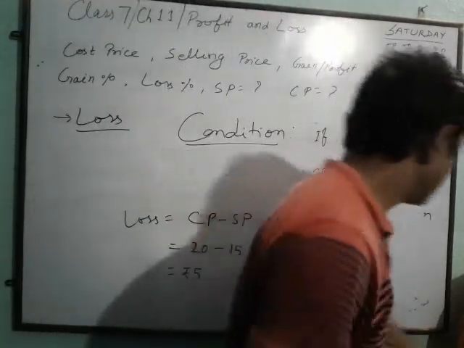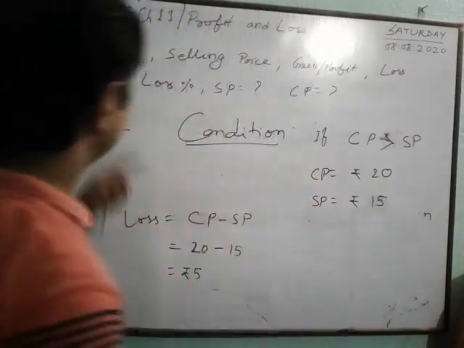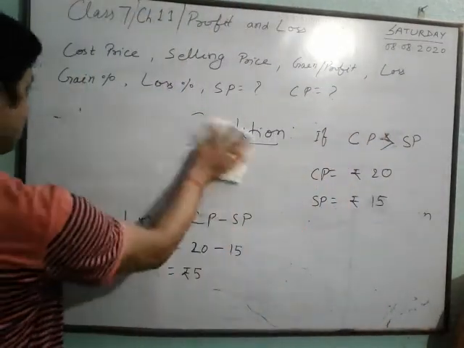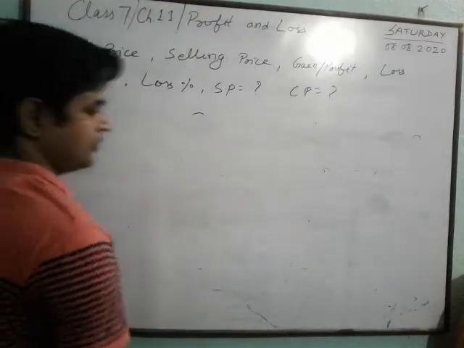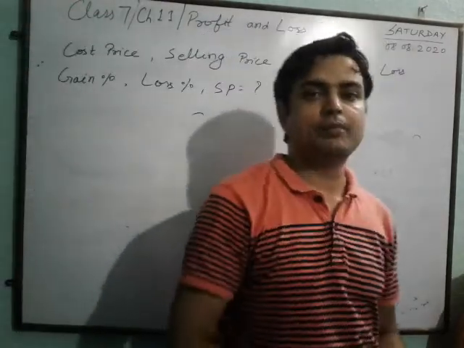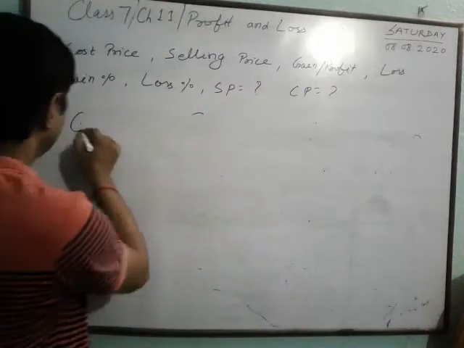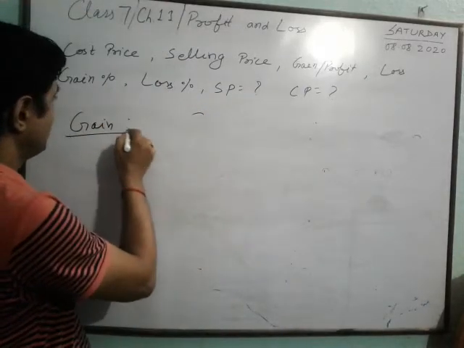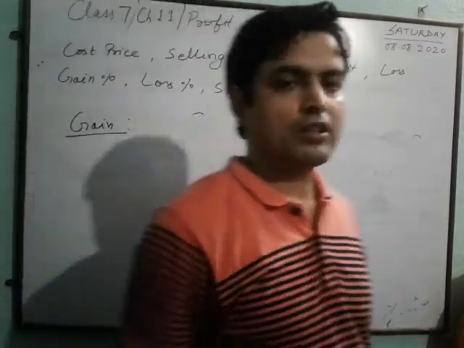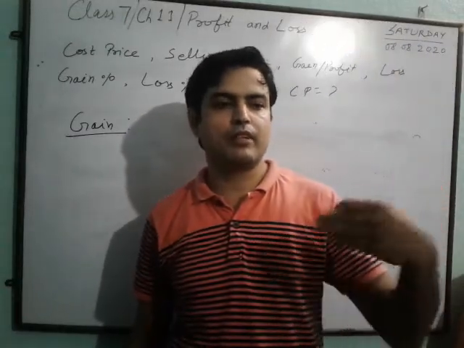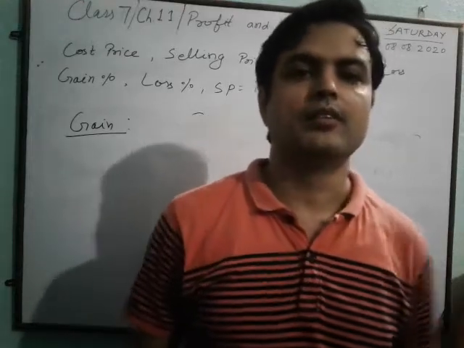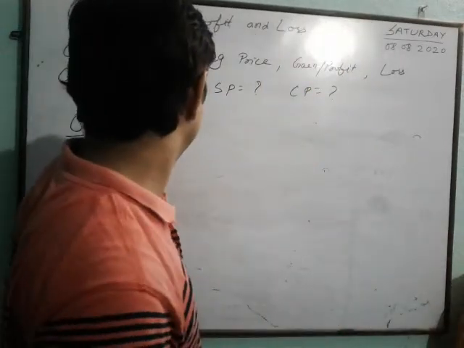And the next is gain percent and loss percent. There is difference between gain and gain percent. Gain indicates overall income, whatever the income we earn over the invested money, that is gain.